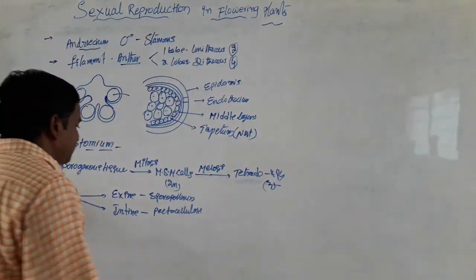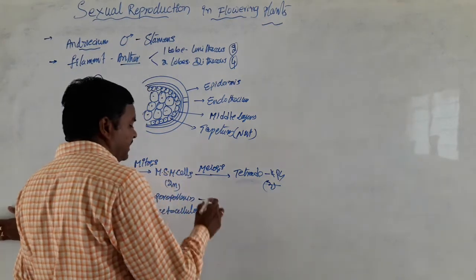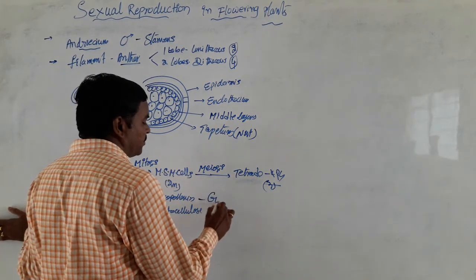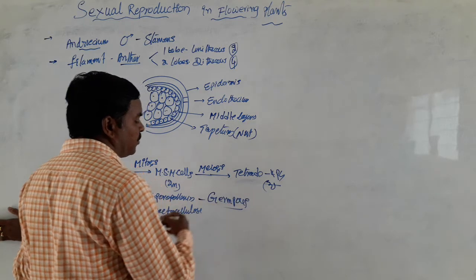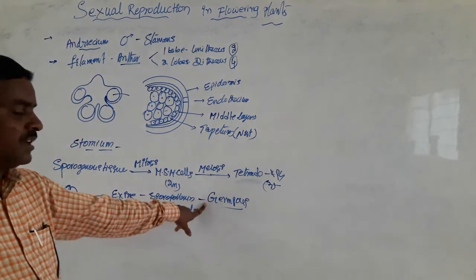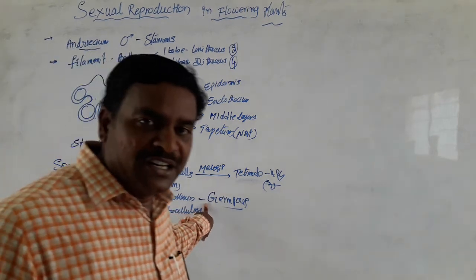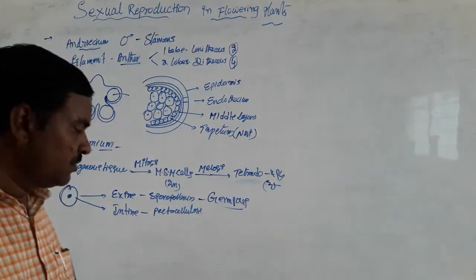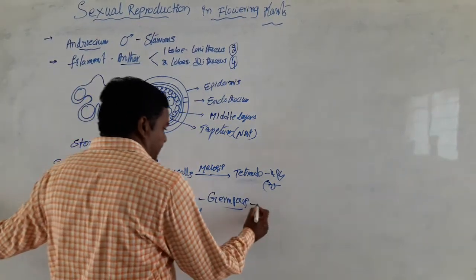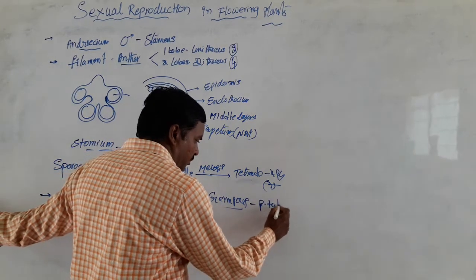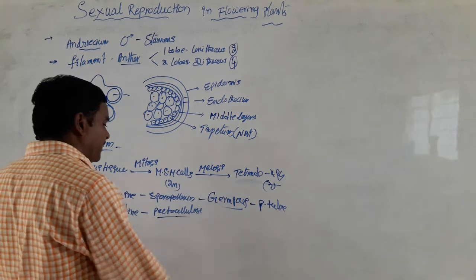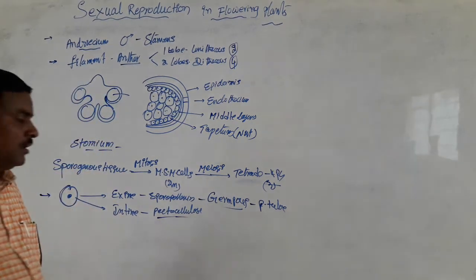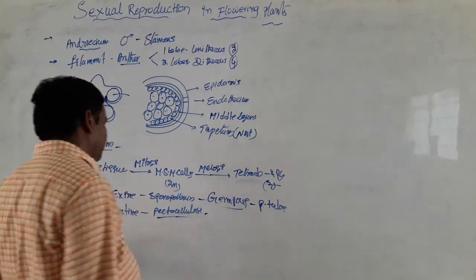At the same time, this exine is also represented by some germ pores. These germ pores are the circular places where the sporopollenin is not deposited. These germ pores help in the formation of the pollen tube. Similarly, intine is made up of pectocellulose, and it is a very thin layer.